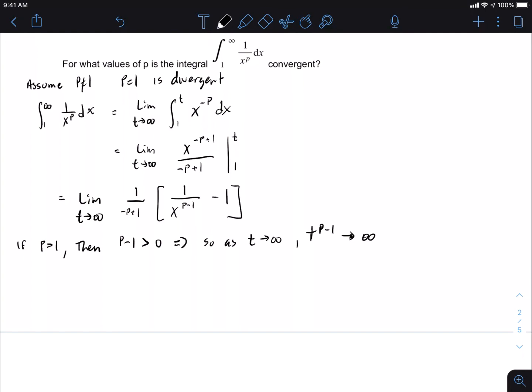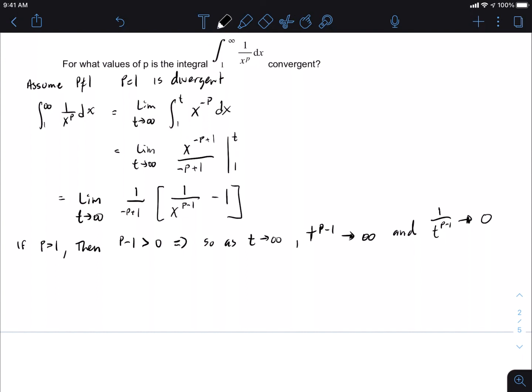Okay. And from there, by that reasoning, 1 over t to the p minus 1 has to go to what? If infinity is the denominator, 1 over infinity is going to go to what? It goes to 0.